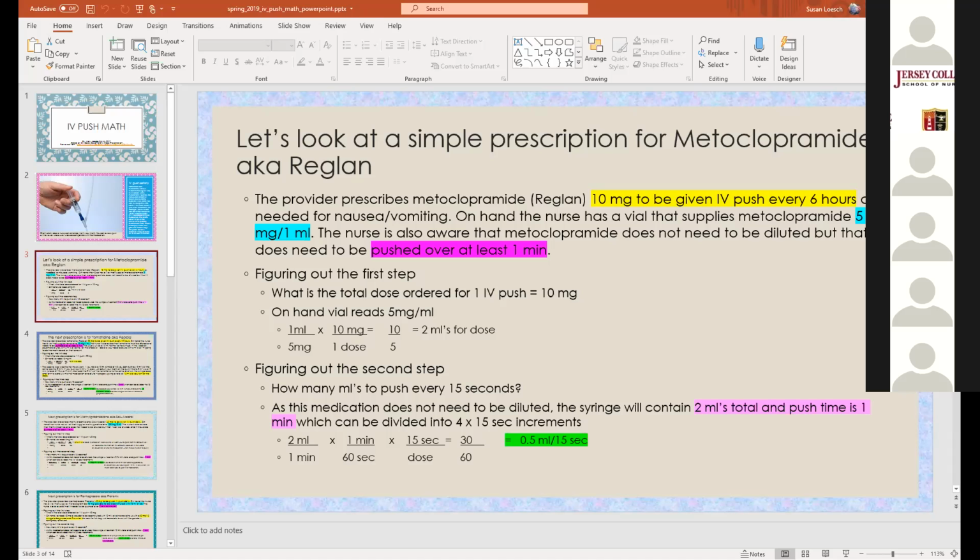If you see that, you can see how it's set up there. So now you have to figure out how many mLs to push every 15 seconds. You see how they have that laid out. The first thing they're doing is figuring out how many mLs to push for 60 seconds, and then you can divide that dose into 15 seconds.